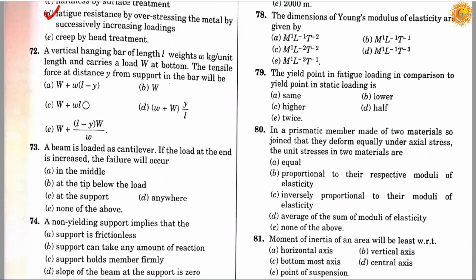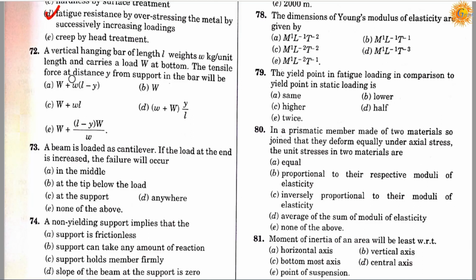Question number 72. A vertical hanging bar of length L, weight w kg per unit length, carries a load W at bottom.